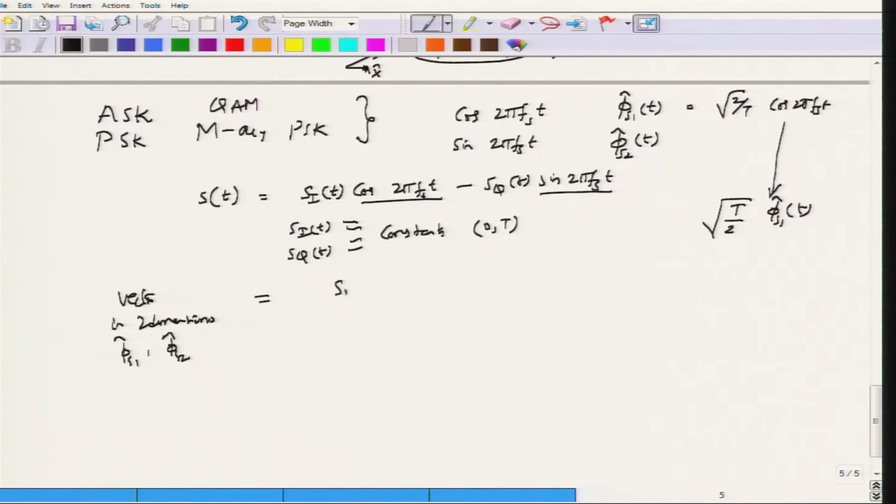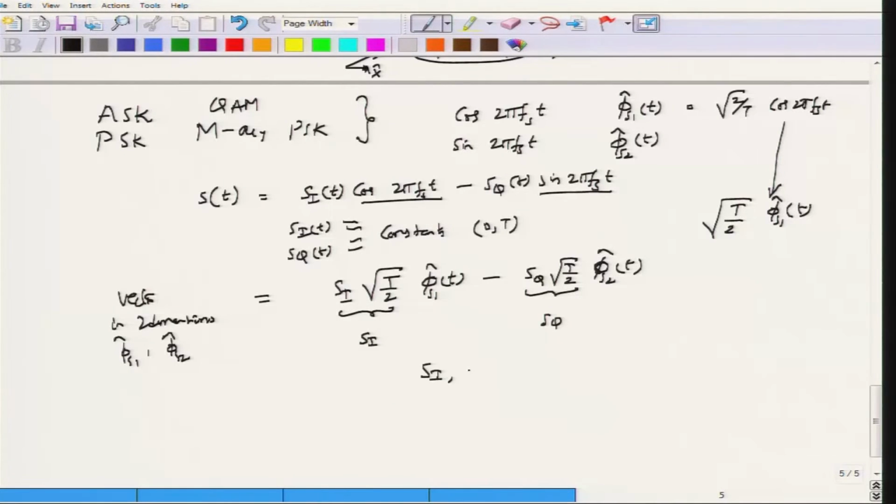So, this would be si multiplied by square root of T by 2 phi s1 of t. If you call this entire thing Si, and you have similarly Sq times square root of T by 2 phi s2 of t, then this would be Sq.